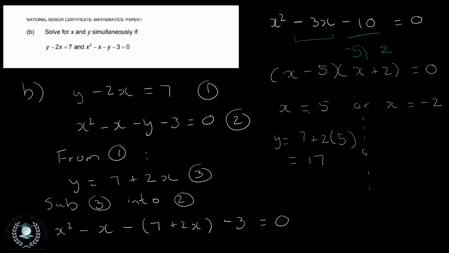Or y is equal to 7 plus 2 times minus 2, and that will be equal to 3, because that's going to be 7 minus 4, that's a 3.